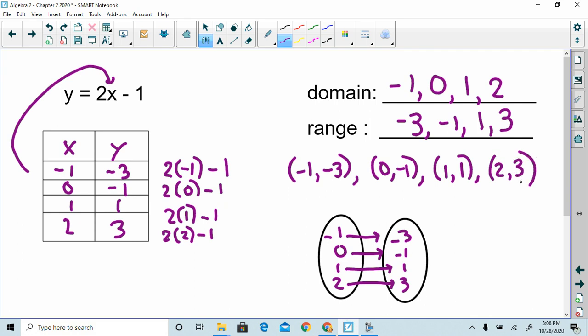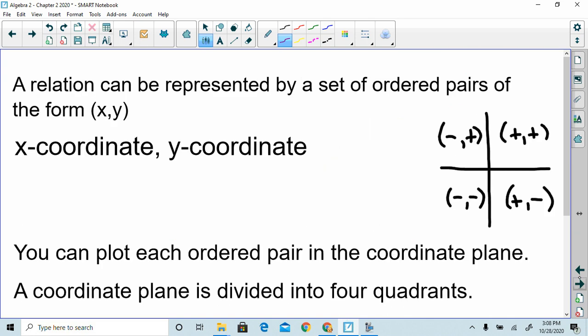And the very last thing I will do with that is graph them on a coordinate plane. And because this is linear, meaning first degree, it's going to form a line on my coordinate plane. We should always be able to identify our domain and range, which is our input and our output.